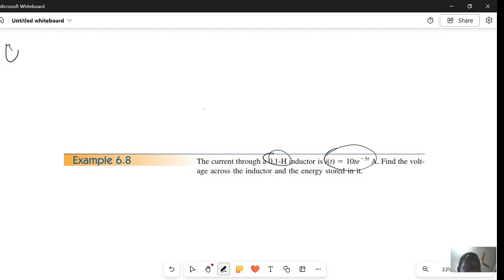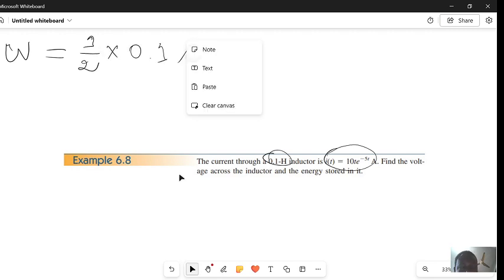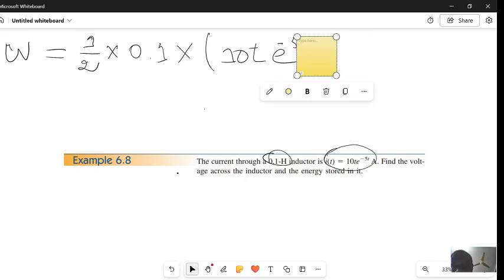So the energy is 1/2 multiplied by L, 0.1, multiplied by I squared, which is 10t exponential minus 5t, whole squared.